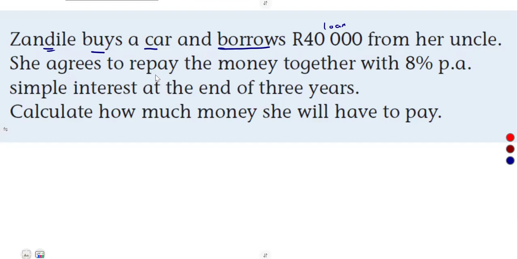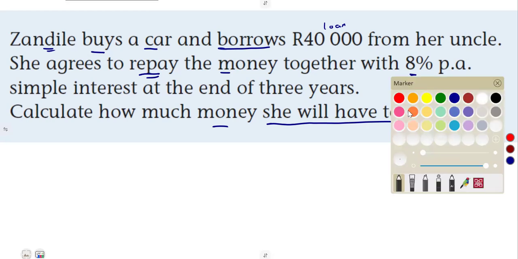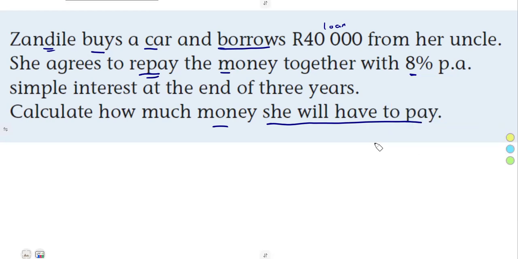She agrees to repay the money now in terms of the repayment. She agrees to repay the money together with 80% per annum simple interest at the end of 3 years. Calculate how much money she will have to pay. What is to be paid after that period is the one that you are asked.